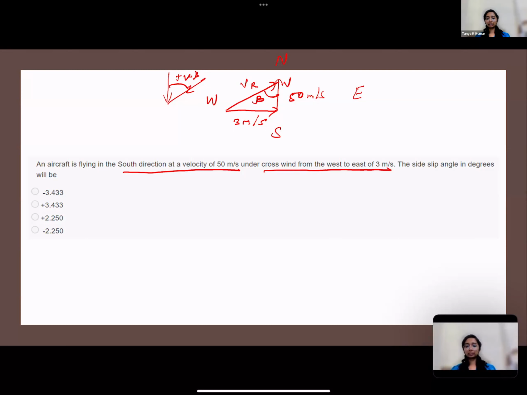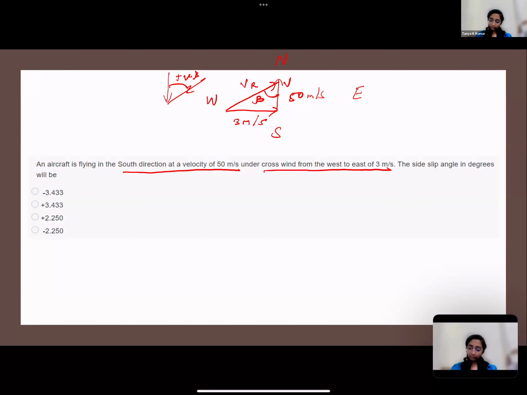Will it be positive or negative? It will be positive beta, right?